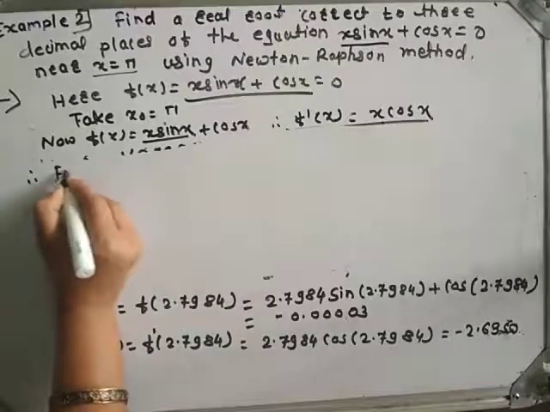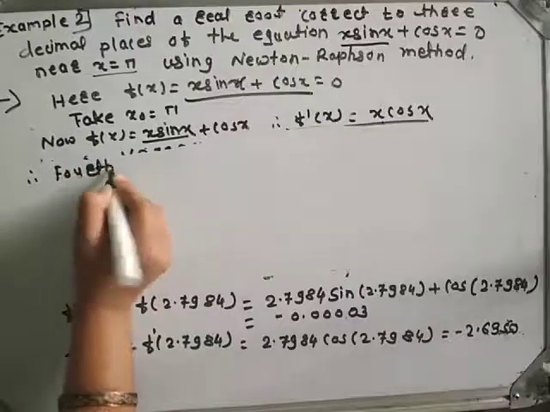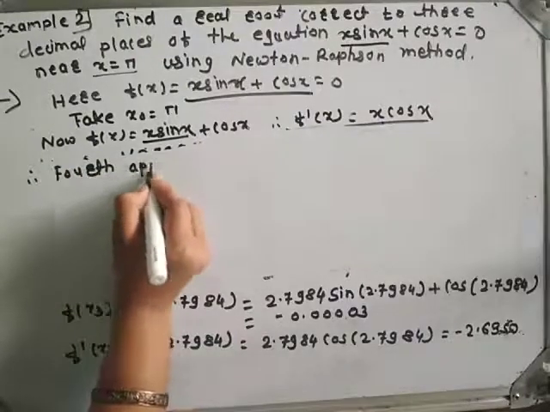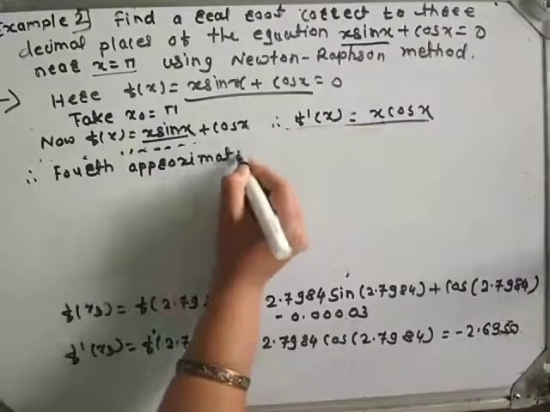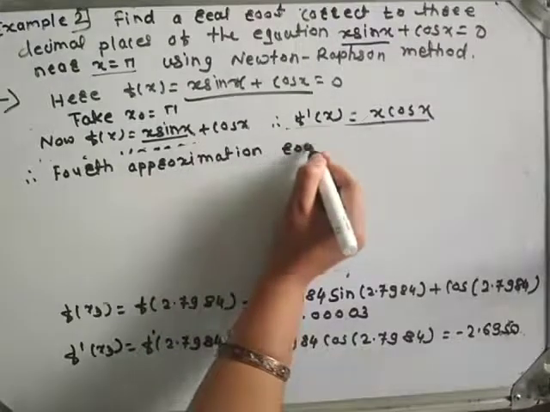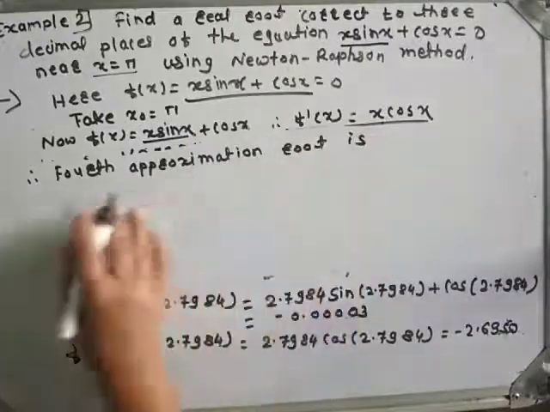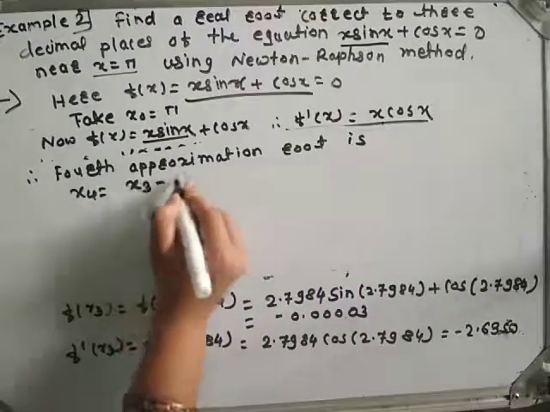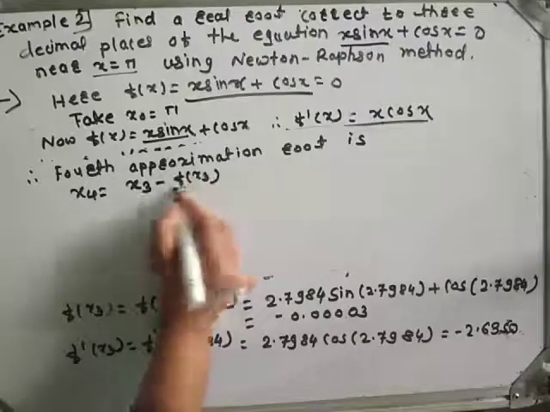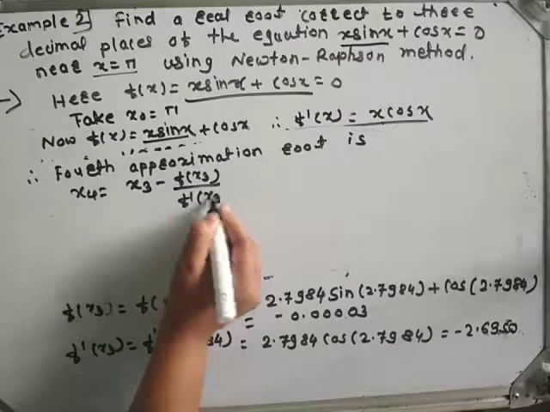Therefore, fourth approximation root is x4 is equals to x3 minus f of x3 upon f dash of x3.